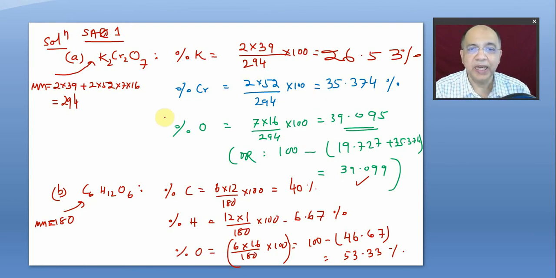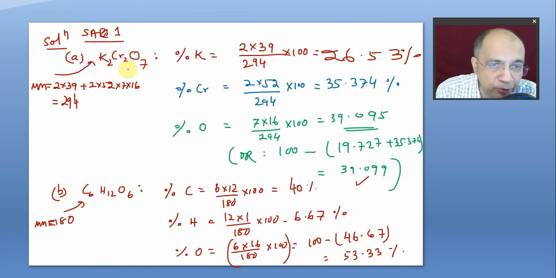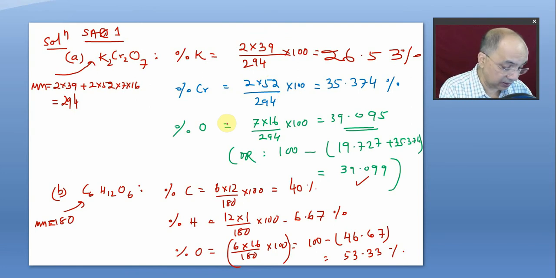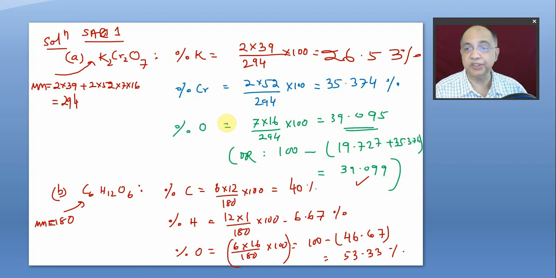Right? And the percentage of chromium, there are 2 chromium atoms. So the atomic mass of chromium is 52 into 2. That is the mass of chromium present in the gram molar mass. So that divided by 294 into 100. This is 104 divided by 294 into 100. That is coming 35.37.